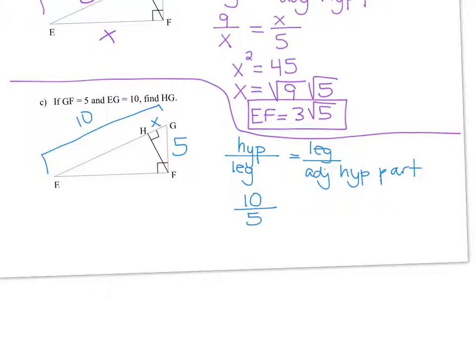You could reduce, I'm not going to. Equals 5 over our adjacent hypotenuse part, which is, in this case, just that x that we need. And we end up with 10x equaling 25. X ends up equaling 2.5 or 5/2, which ends up giving us HG equal to 2.5.